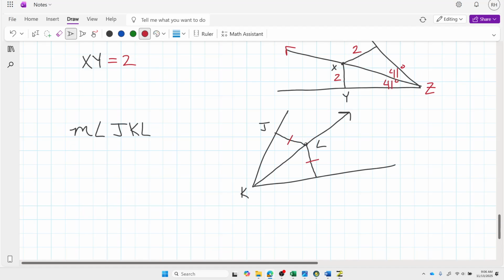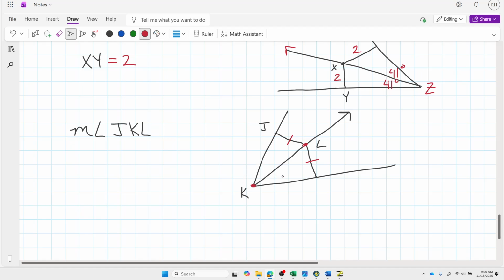So if L is the same distance from both sides of the angle, then what is it sitting on? What's K to L called? An angle bisector. So it bisects this big angle down here.